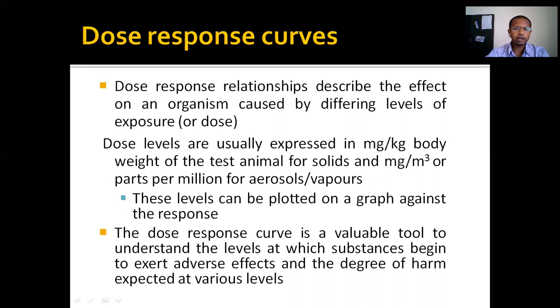What we try to do is take a log dose response, so that we can plot all the dosages possible. For example, if we go on using the dosage in arithmetic progression, 2, 4, 6, 8, we will not be able to plot it in a single graph.